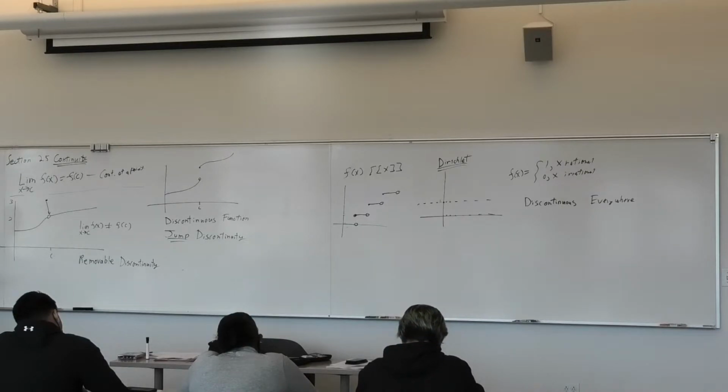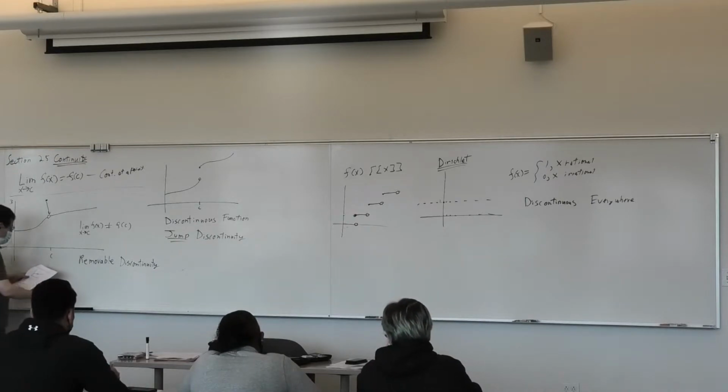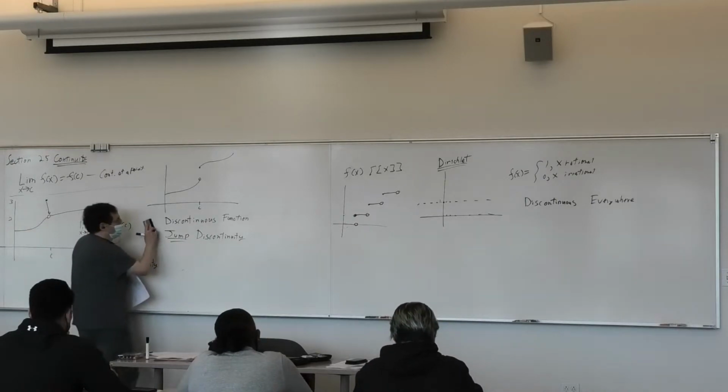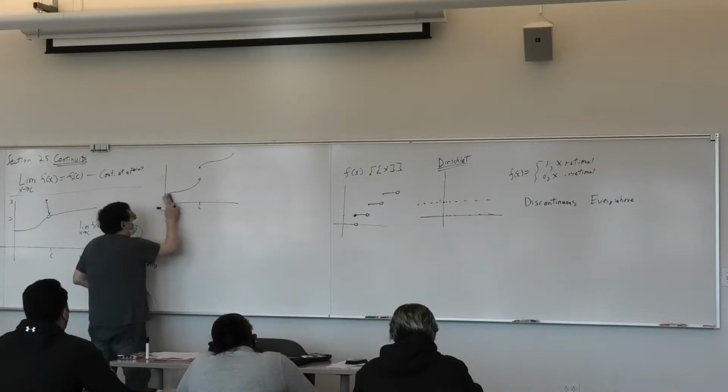All right, so what do we have? We have jump discontinuity, discontinuous everywhere, removable. We have one more type of discontinuity to consider.